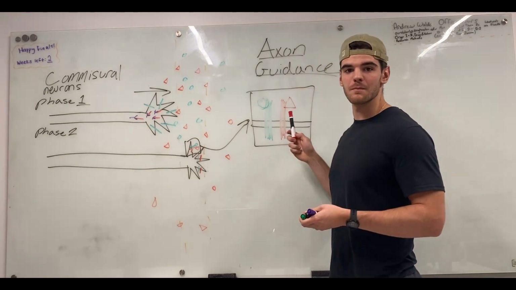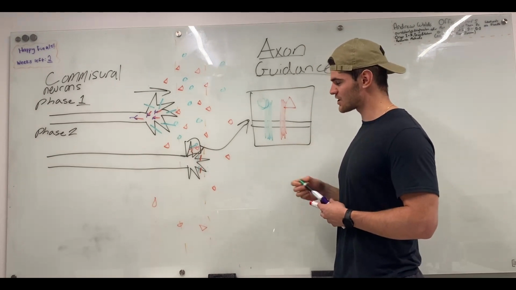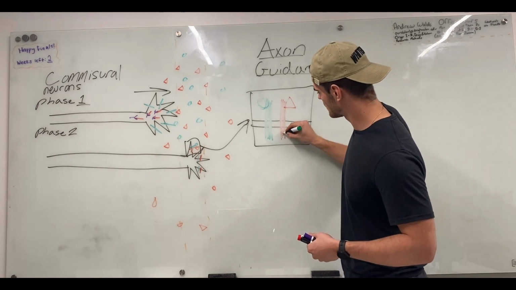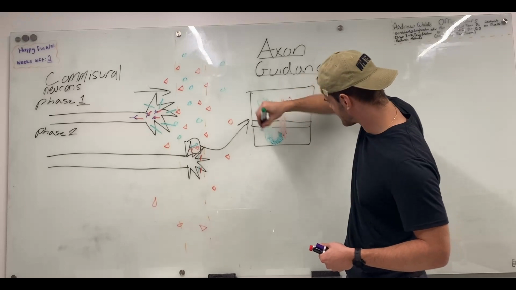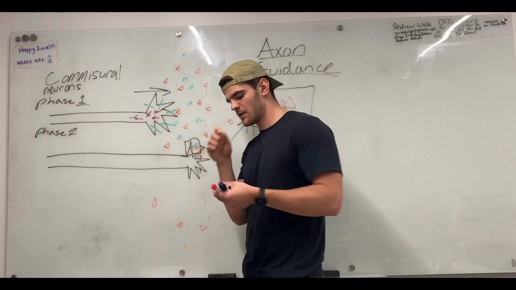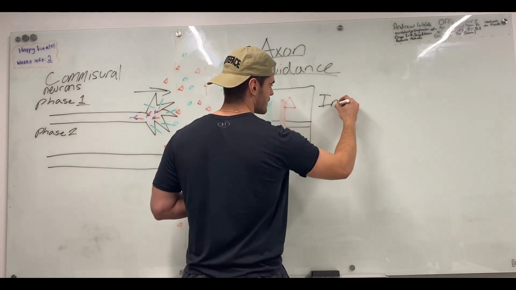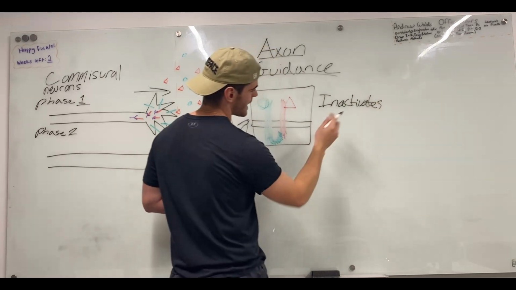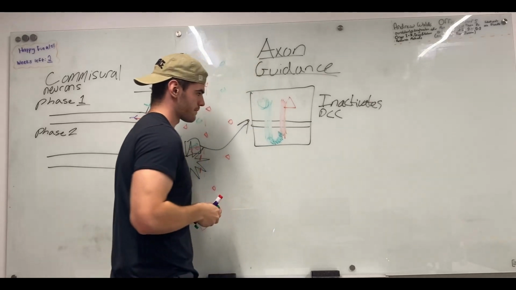However, now that slit has bound to robo, this changes the conformation. Right, changes the conformation of DCC. We'll draw. Okay. Change the conformation of DCC, which inactivates DCC. Okay.